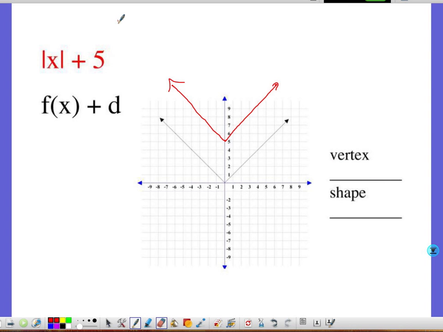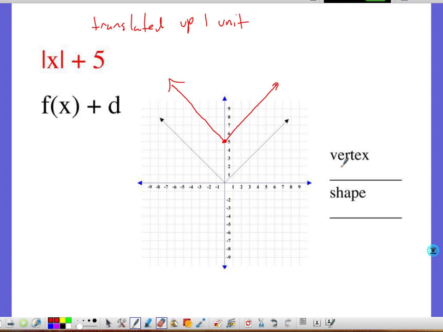So describing the transformation of this, it was a vertical translation, translated up 1 unit. That's how you describe this transformation.